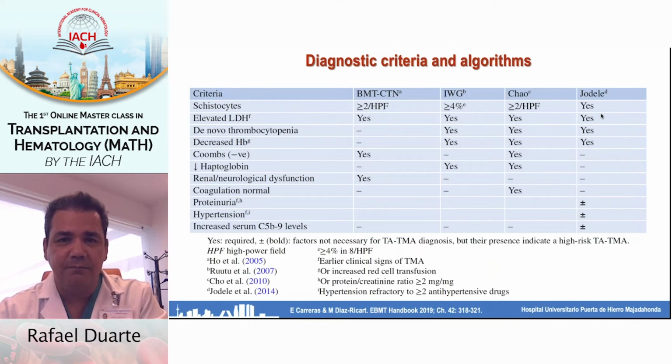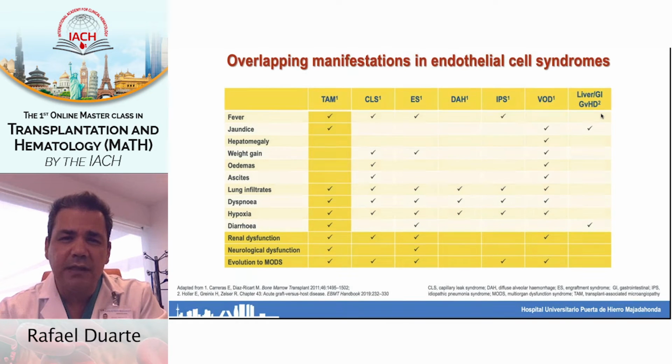I think it's very important in this context not only to look at the criteria, and you're all aware of this among the audience for this master class, but it's also important to see how the manifestations of TMA overlap with those of other endothelial damage syndromes.